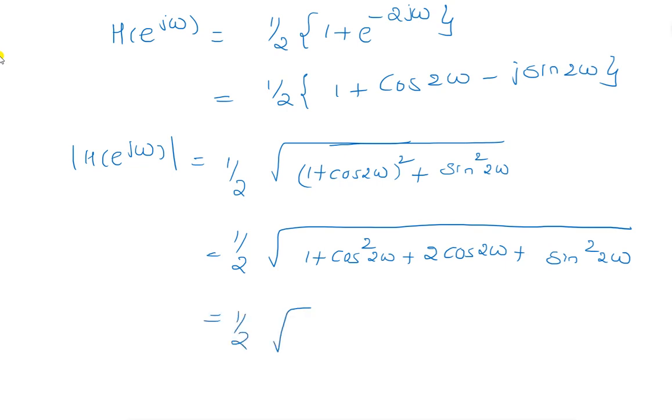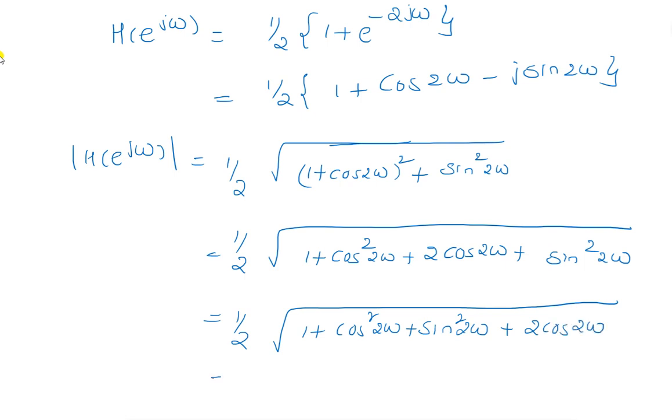So this can be written as 1 plus cos square 2 omega plus sine square 2 omega plus 2 cos 2 omega, and now this becomes 1 by 2 square root of 1 plus 1 plus 2 cos 2 omega.